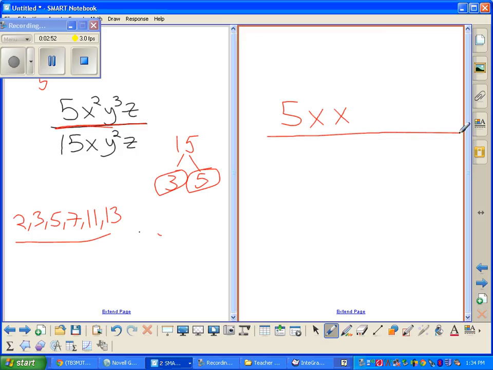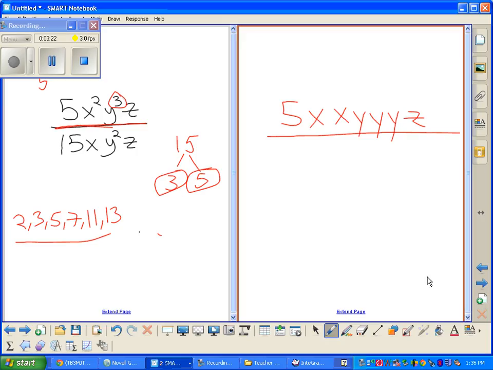How many y's are there? What number is next to the y? It's 3, so I'm going to write down y 3 times. 1, 2, and 3. And there's 1 z. Everybody see that? So it's 5xx, y, y, y, z.